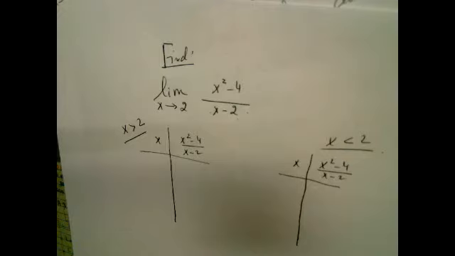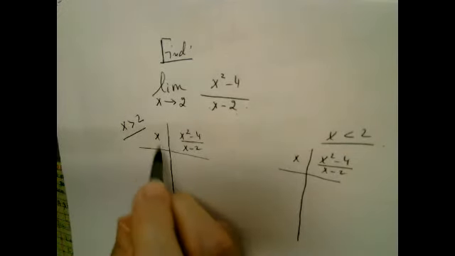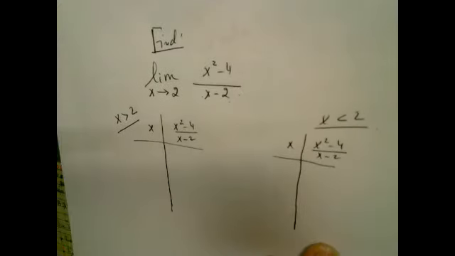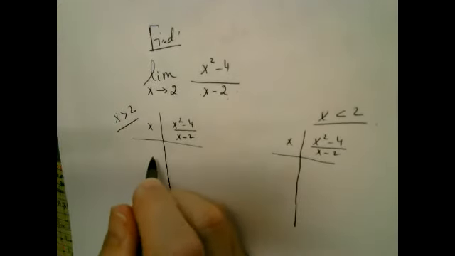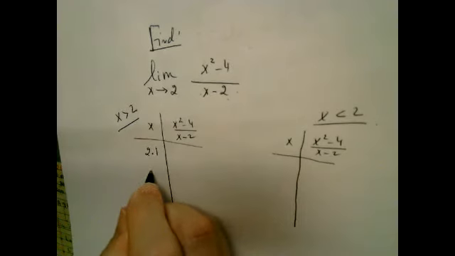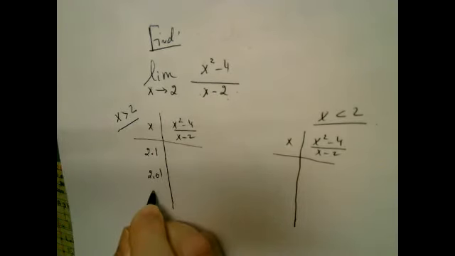Okay, tell me which value you want to take. Put in the chat which value you think we should be taking, and we can take all of them. 2.1. Okay, and we're going to get even closer, 2.01, a little bit closer, don't be afraid, 2.001.